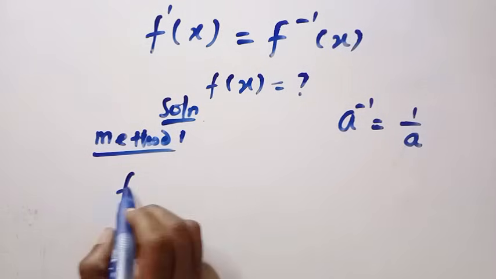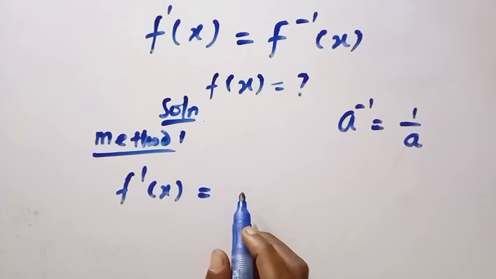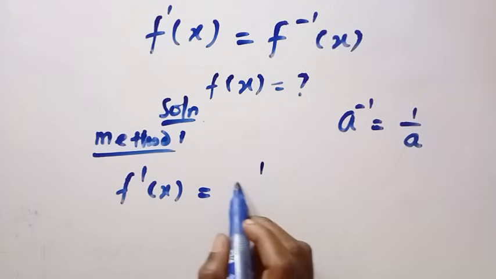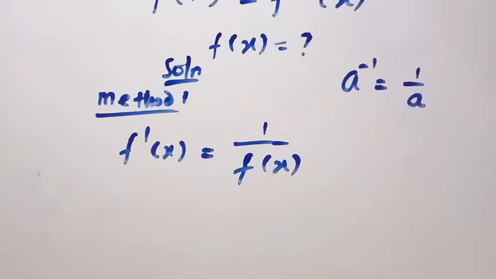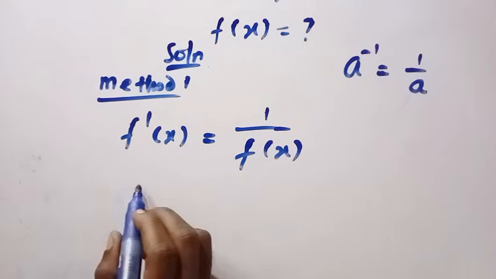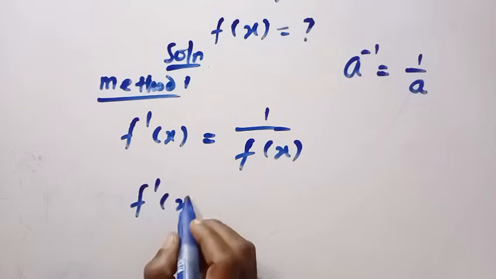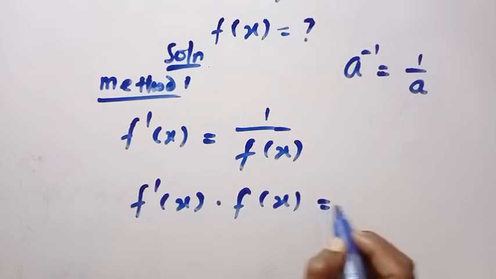Then for f inverse of x, which equals 1 divided by f of x. So this is what we have. Then if I cross multiply, we are going to have f prime of x multiplied by f of x equals 1.